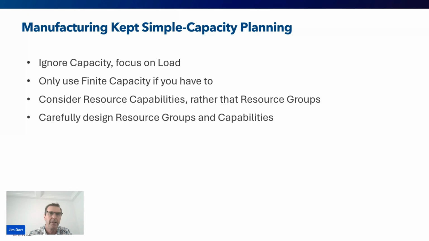And so putting that capability into the system can lead to challenges and increase the complexity of an implementation. So D365 supply chain management can include capacity planning, but think hard about that before you implement it, or implement it as it is without the capacity planning initially, and work that in little by little.